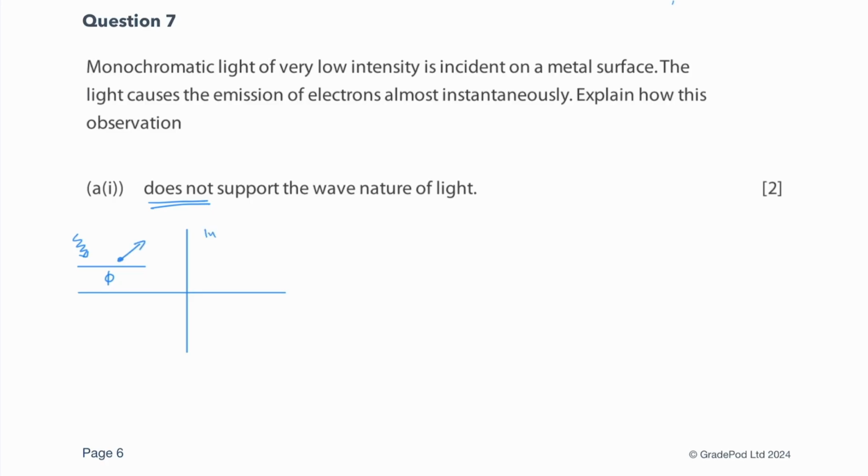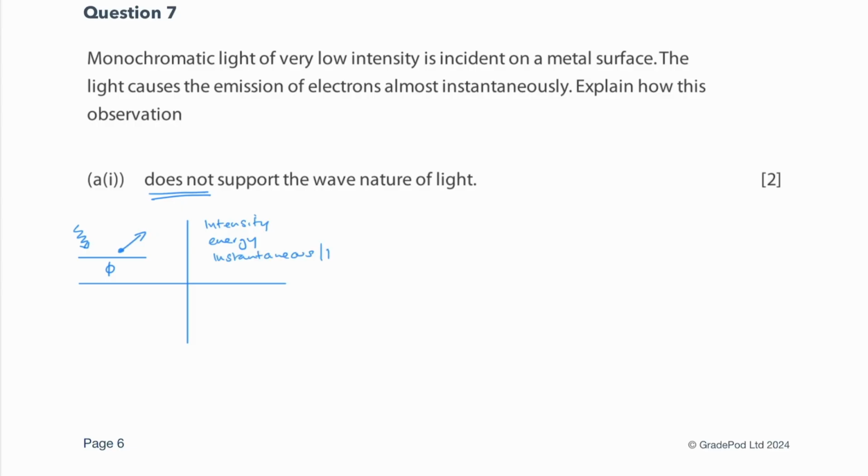For our keywords, we want to use intensity. We want to use energy. We want to use something to do with instantaneous or time. I think we probably want to use amplitude.